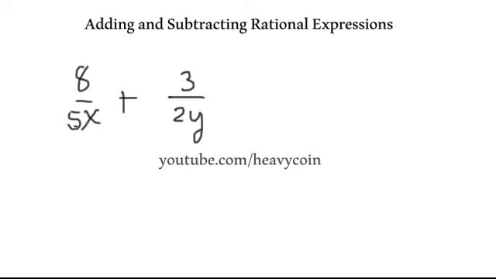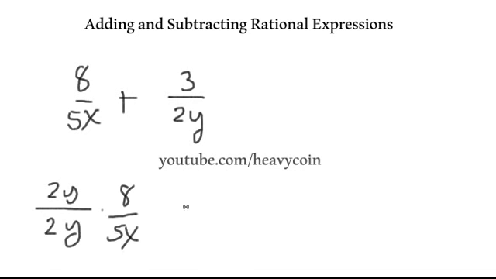Alright, well, we're going to need a common denominator here, so I'm going to write 2y over 2y times 8 over 5x plus 3 over 2y, and I'm going to have to write 5x over 5x.